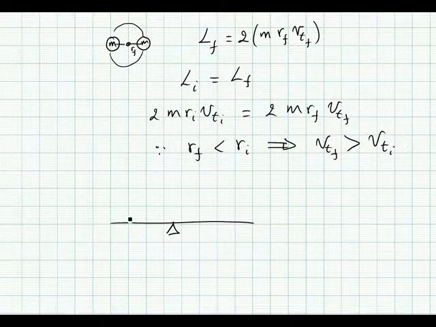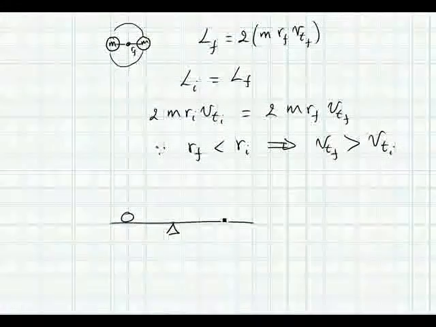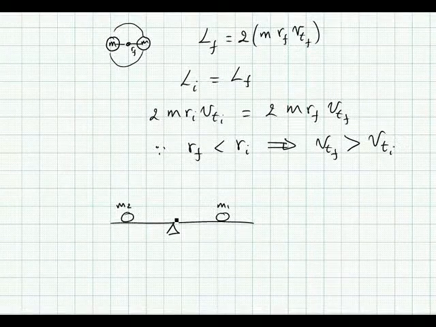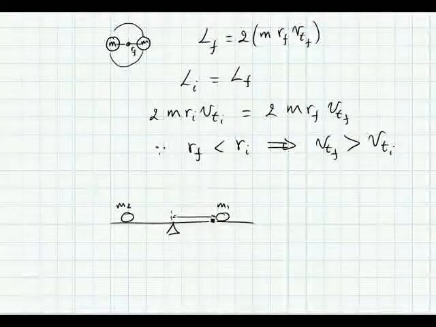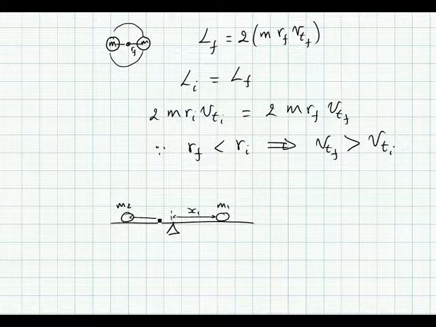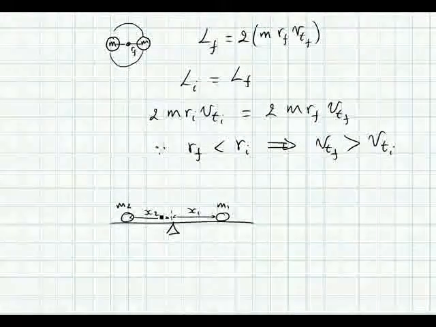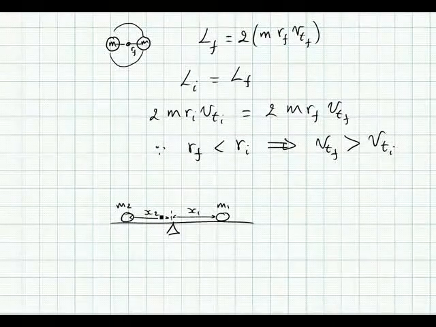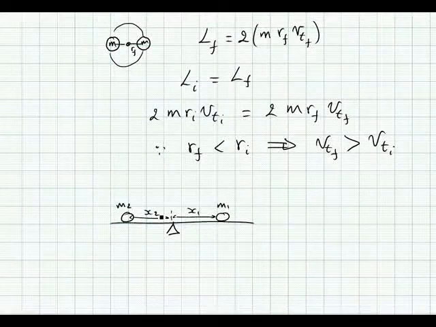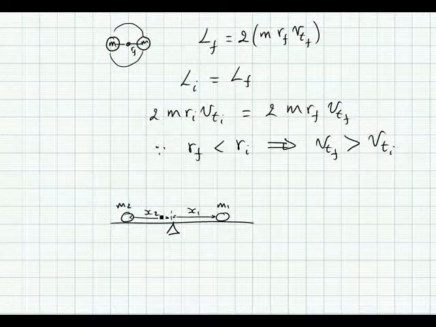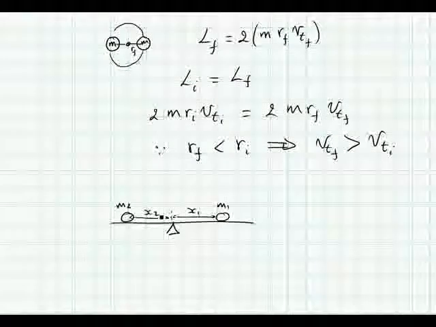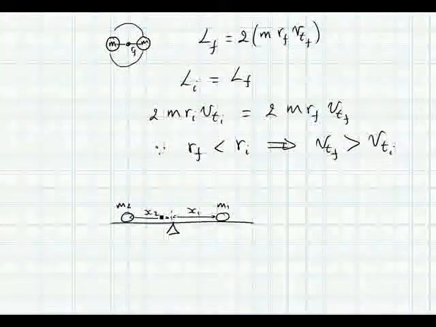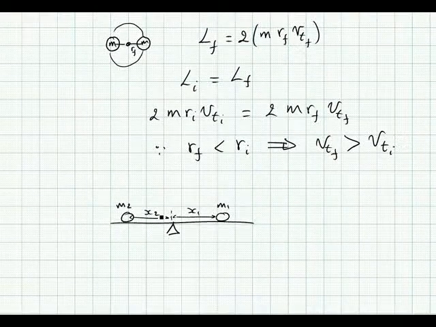If I'm not mistaken, there are two masses, two people standing, M1 and M2, and this distance is given as x1, this distance is given as x2, and we are told that I guess one of the persons, M2, pushes the board downwards, and we are asked to find the velocity of the other mass.